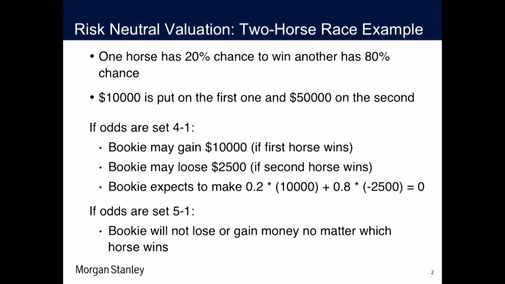Suppose it is a good bookie and he knows the horses quite well, and there are two horses. He knows for sure that one horse has a 20% chance of winning and the other horse has an 80% chance of winning. Obviously, the general public doesn't have all this information, so they place their bets slightly differently, and at the end there is 10,000 bet on one horse and 50,000 bet on the other horse.